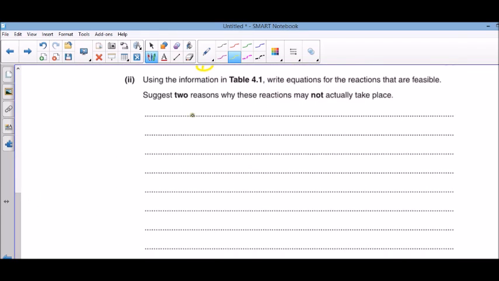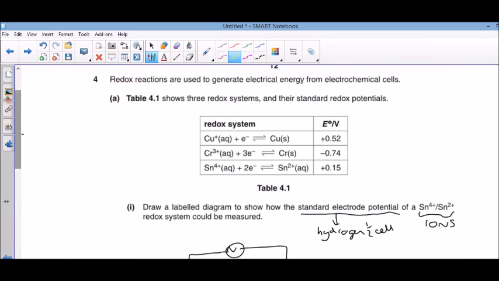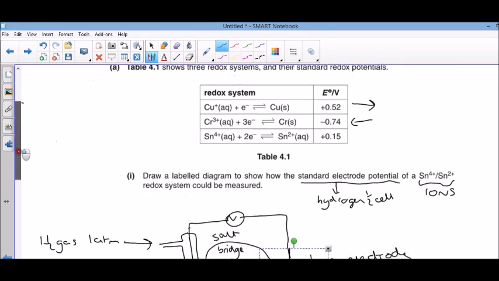Carrying on down, we've got: use the information in the table to write equations for the reactions that are feasible. So let's deal with that. If we look at these, we could have this half equation going forward and that half equation going back. That would be a feasible reaction. So we've got copper and chromium, so let's write that down there.